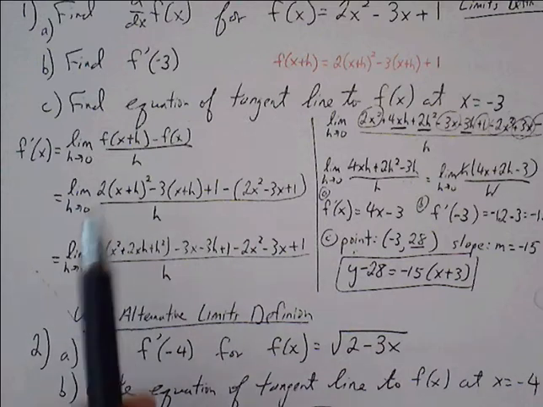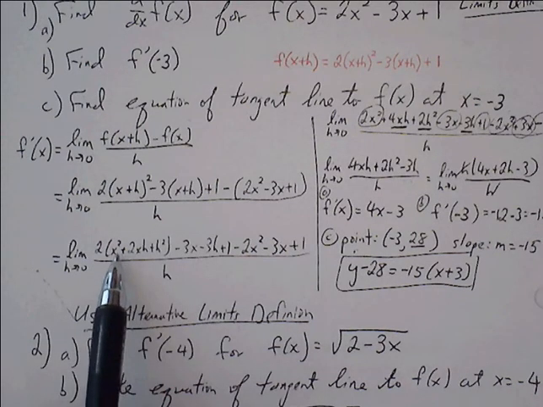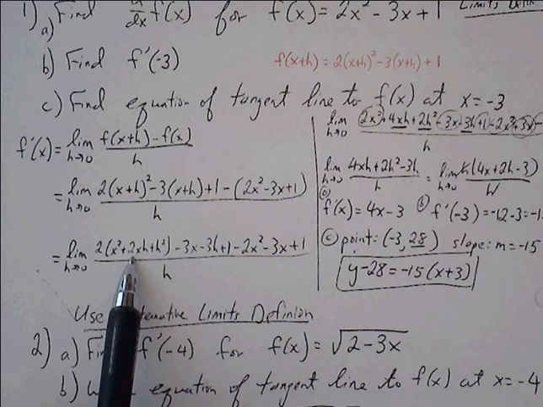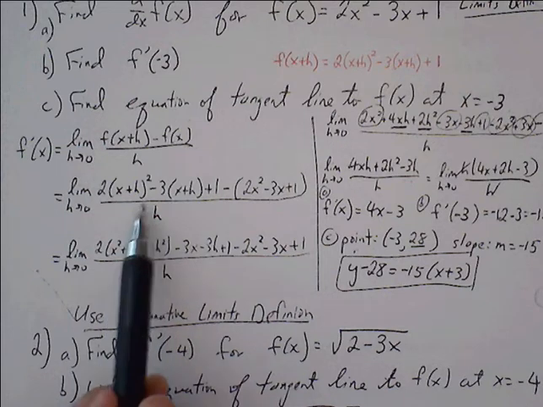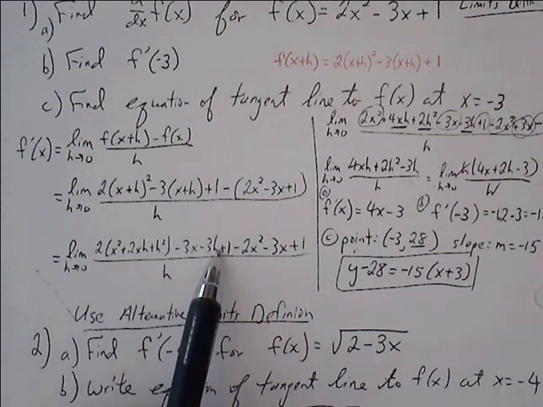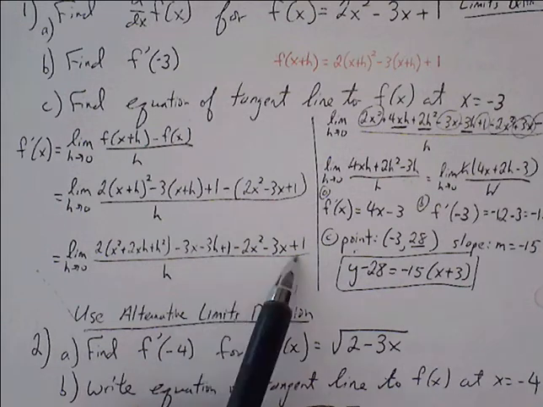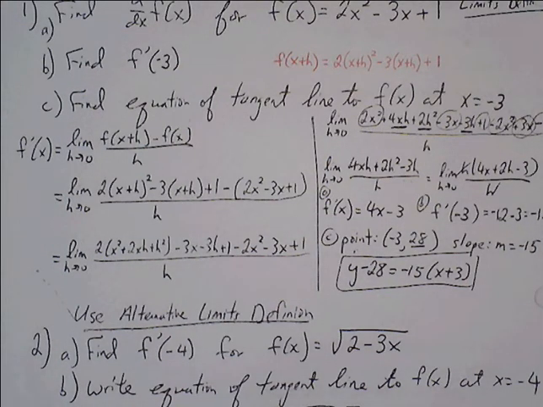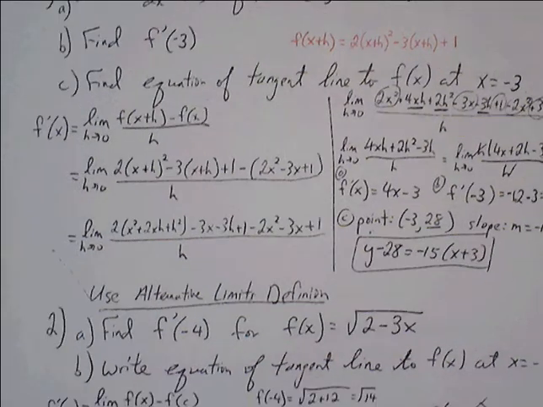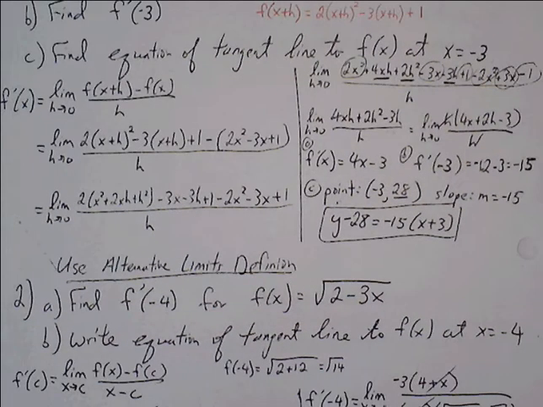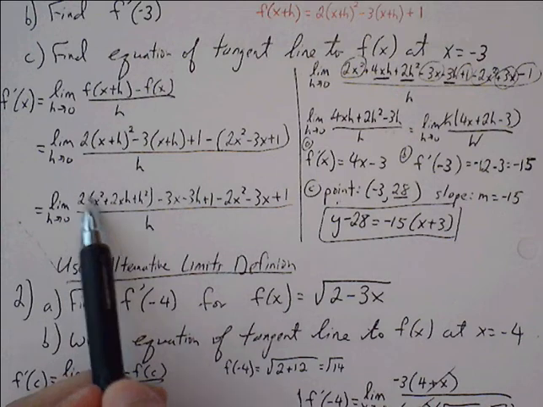X plus h quantity squared expands to x squared plus 2xh plus h squared. Distribute the 3 through, distribute the negative through, and little by little we eliminate the parentheses. Finally, in the last set of parentheses, I'm going to distribute the 2 through as well.